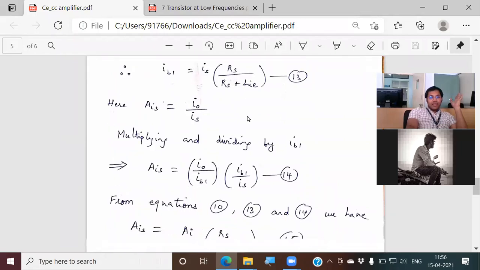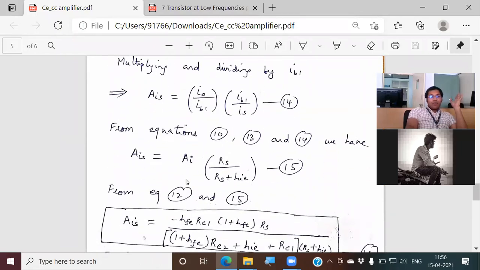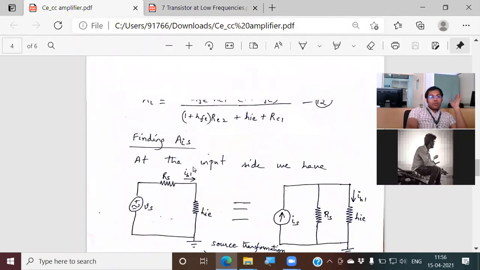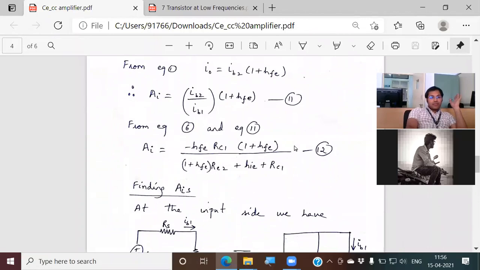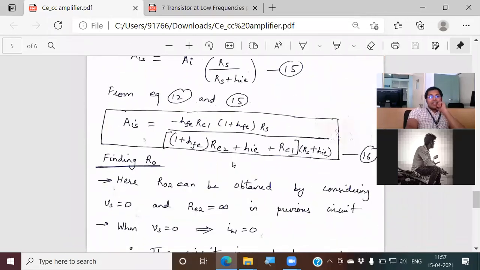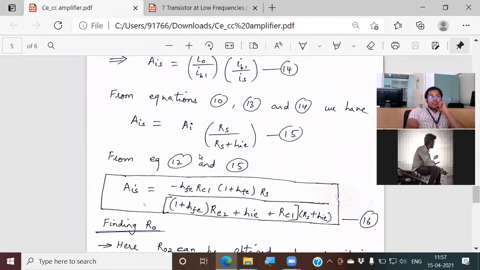Again, this AI I am replacing from equation number 12 here. The AI we just derived, I am taking as it is and substituting here. We are getting RS by RS plus HIE, this part is as it is, and remaining everything is the AI. So AIS we got.